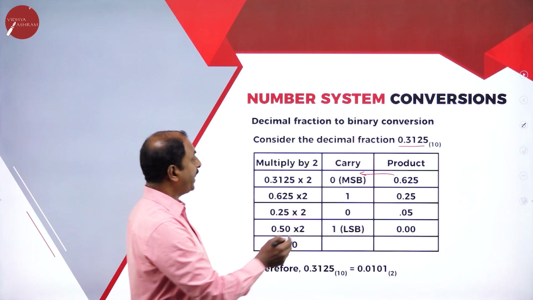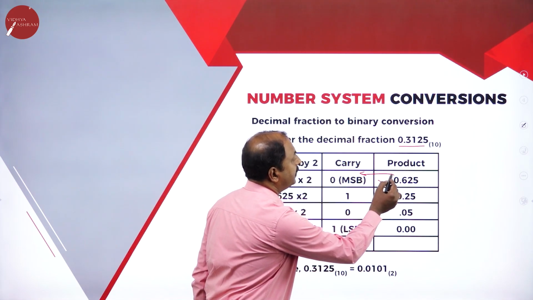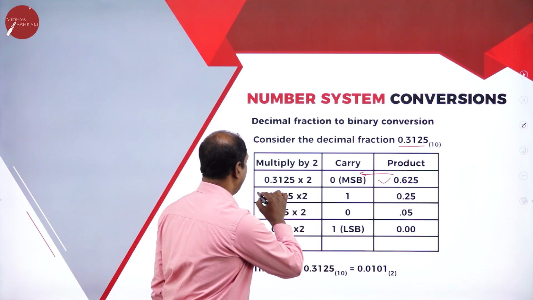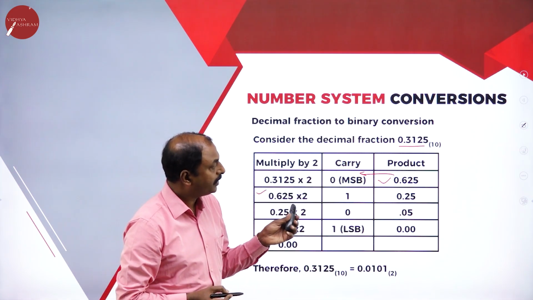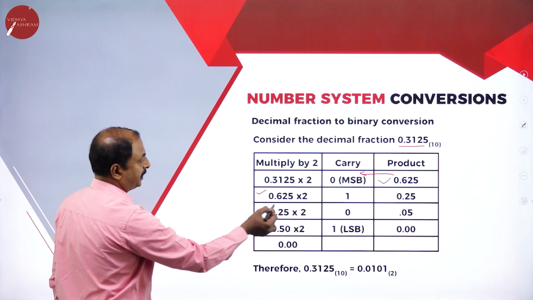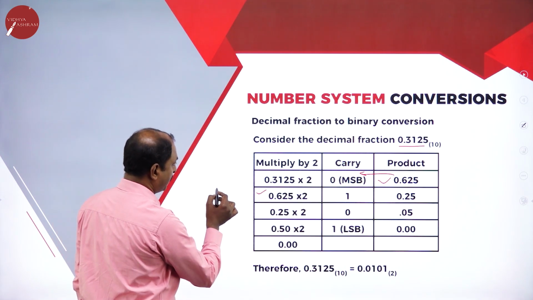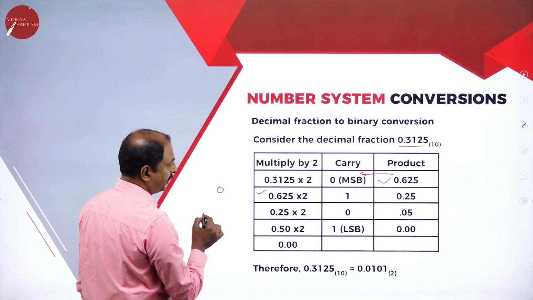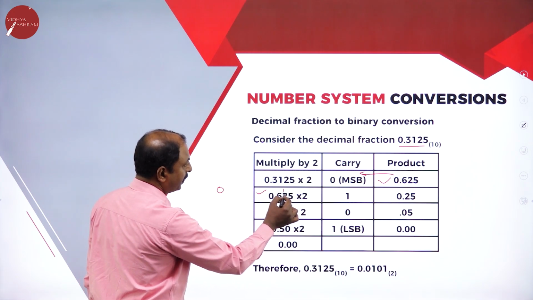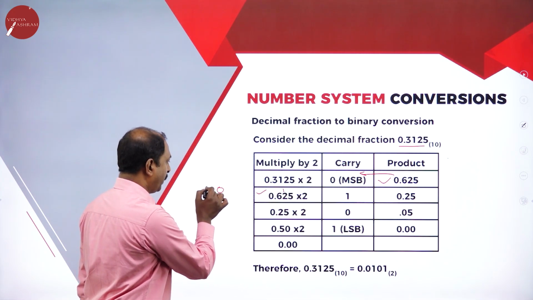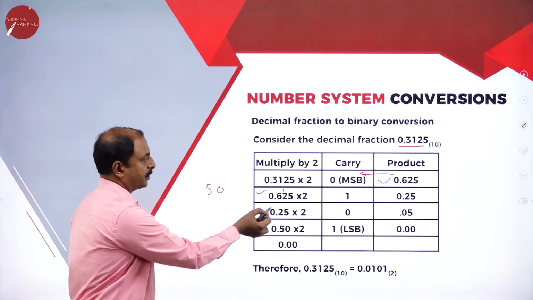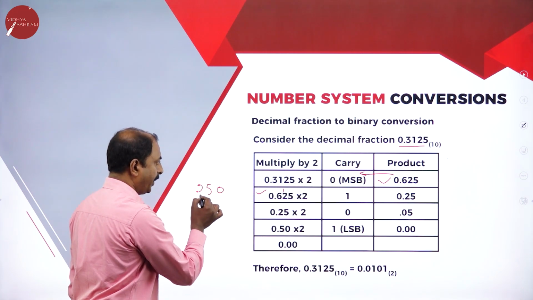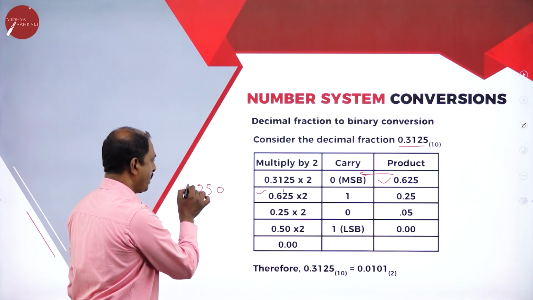Next, we have to multiply this 0.625 by 2. Just to multiply this, 2 5s are 10, carry 1; 2 2s are 4, plus 1, 5; and 2 6s are 12, and carry 1.